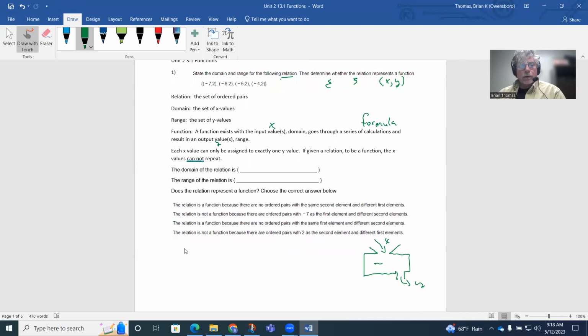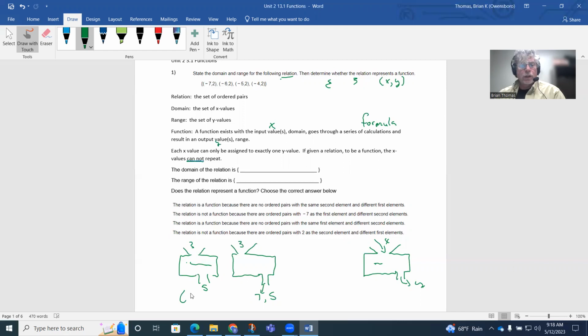So if x goes in, say I pick a 3 for x, it goes through a series of calculations and decides to kick out a 5, that would be what a function does. If I put that 3 in again, and it goes through a series of calculations and kicks out a 7 and a 5, that cannot be a function.